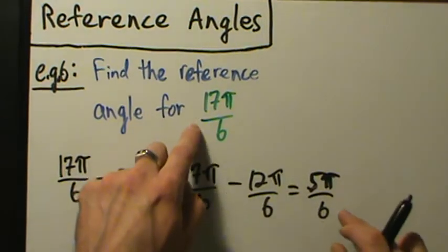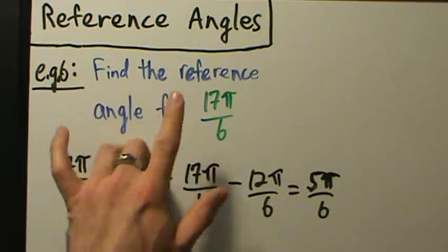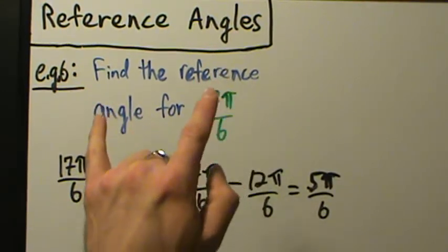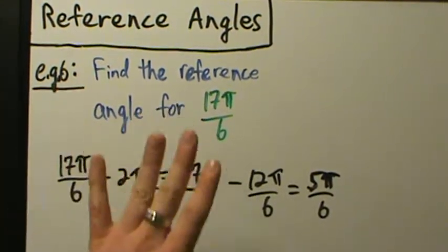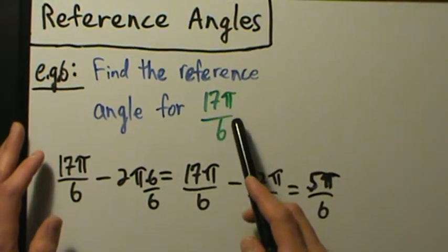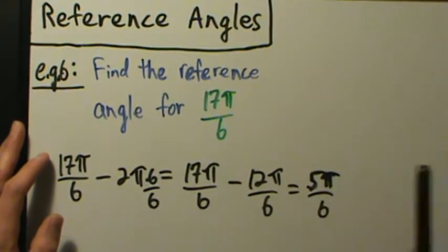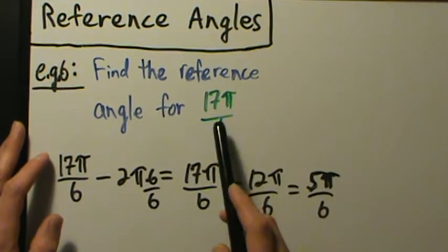So since these two angles are coterminal, they're going to have the same reference angle. Why is that? Well, remember how we defined reference angles? A reference angle is the acute angle between the x-axis and the terminal side of the given angle.